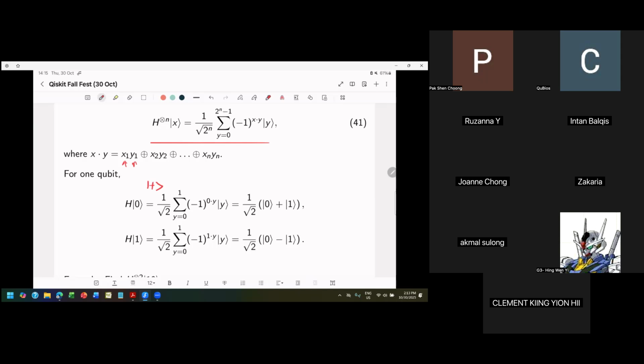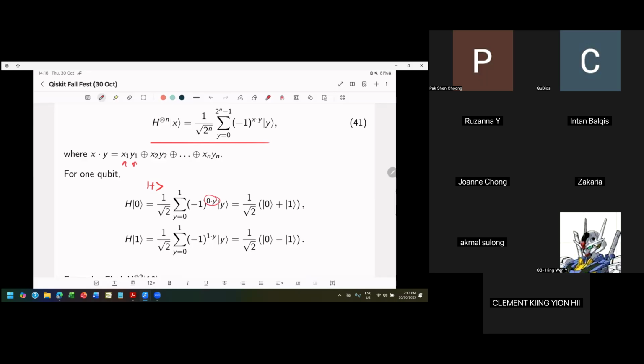So now you try to apply the results. So n equals 1. So you have 1 over square root 2, and then the sum is from 0 to 2 to the power of n minus 1. So n is 1, meaning that the sum is y equals 0 to 1. And then you have minus 1.